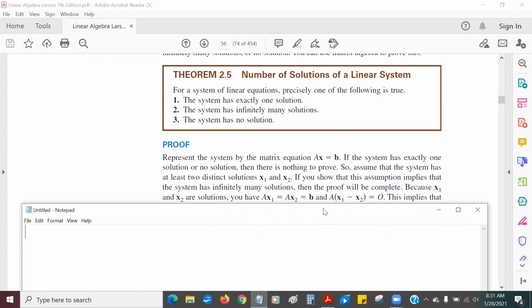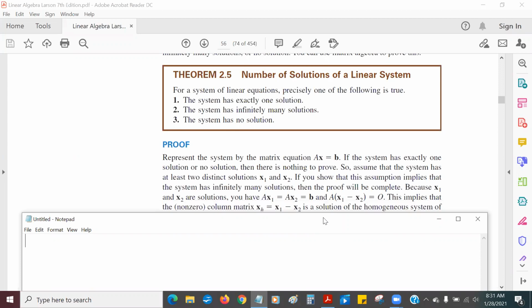In other words, forget the B. And if I subtract AX2 from both sides, and then factor out the A, which works because matrix multiplication is distributive, we know that A times (x1 minus x2) is equal to 0. Not the number 0, but the 0 matrix.